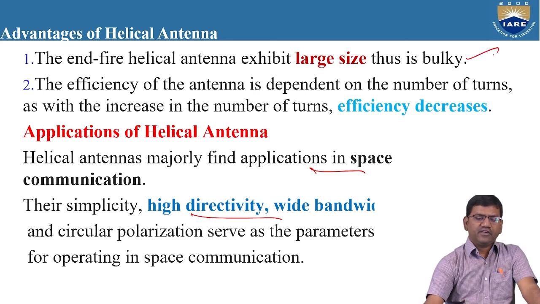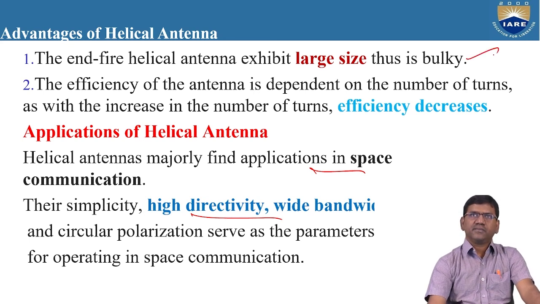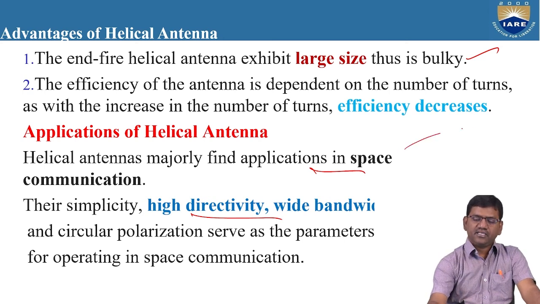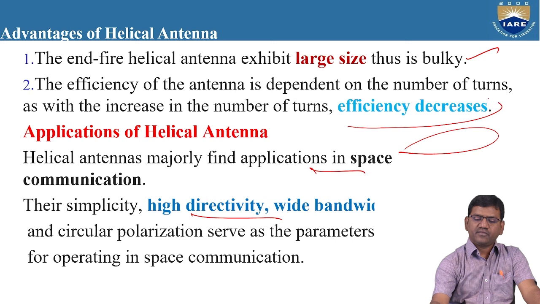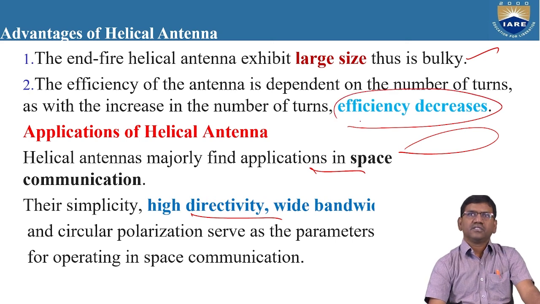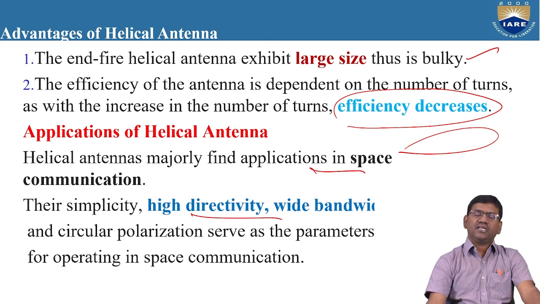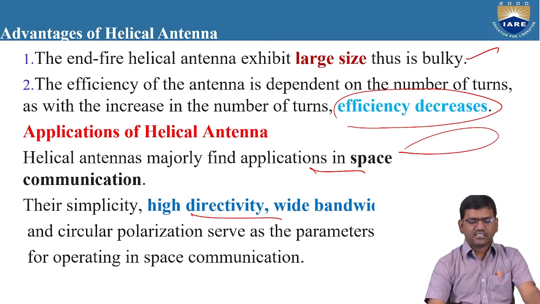And the end fire helical antenna exhibits a larger size. This is bulky, and this is one of the disadvantages here. And the efficiency of the antenna depends upon the number of turns. With the increase in the number of turns, efficiency decreases. Though the radiation pattern and directivity increase, the efficiency and performance of the helical antenna decrease due to the increase in the number of turns. Though the directivity is increased, on the other hand the efficiency decreases.